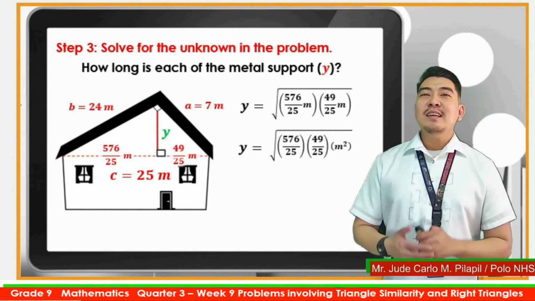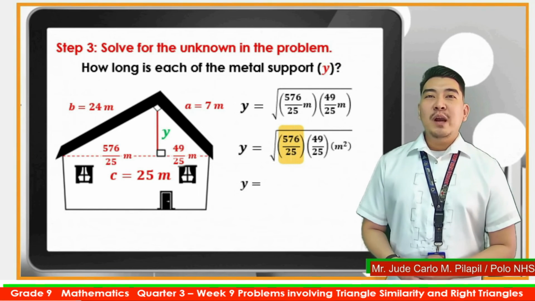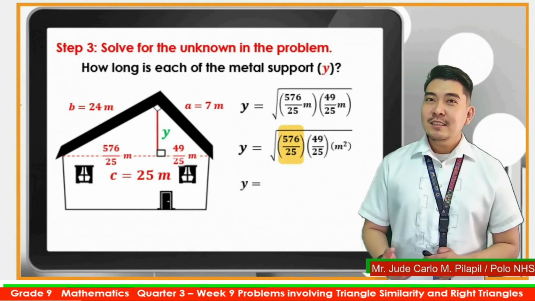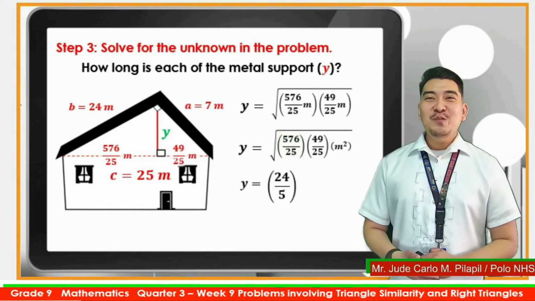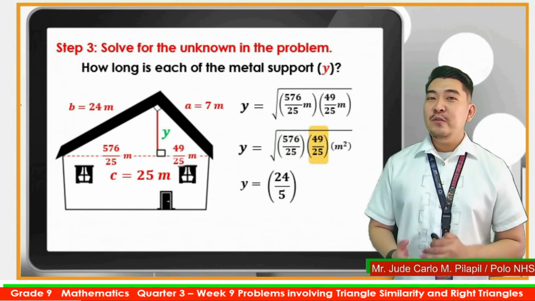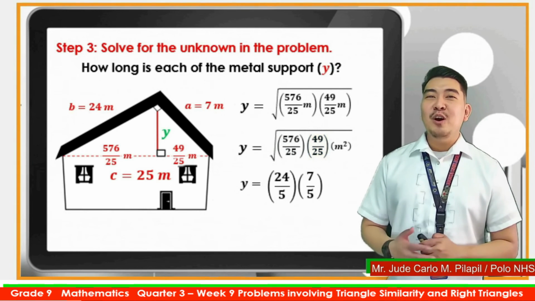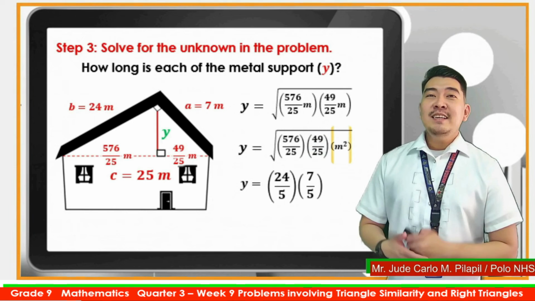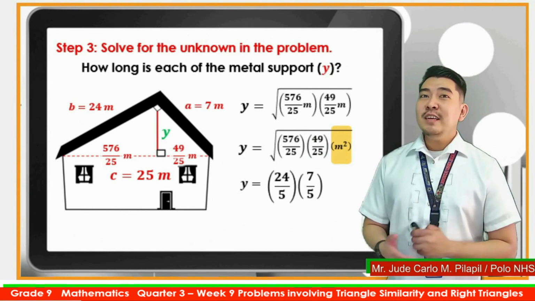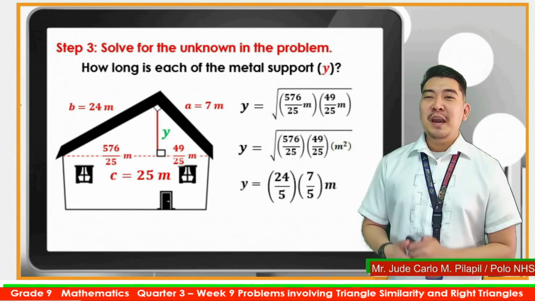Let us extract the square roots of the factors separately. Getting the square root of 576 over 25, that is 24 over 5. Getting the square root of 49 over 25, it is equal to 7 over 5. And finally, getting the square root of m squared, or square meters, the result is m.